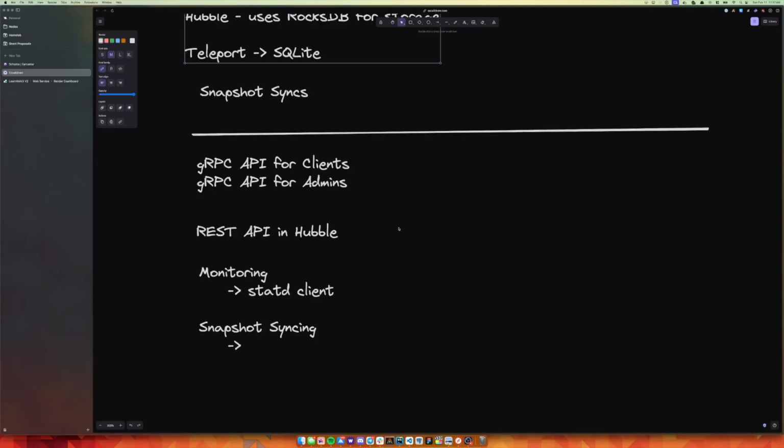So most likely we're not going to maintain compatibility, because maintaining compatibility would mean having a RocksDB layer to process that blob of information, processing everything as a RocksDB blob first and then translating all of that into our SQLite schemas. So we probably won't maintain compatibility. The effort doesn't seem worth the return. We'll probably have our own format for snapshot syncs that is designed for teleport. This is currently a to-do, but yeah.